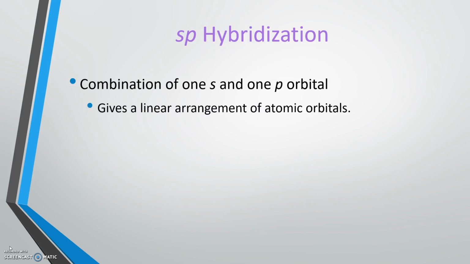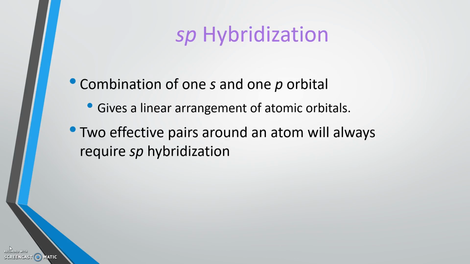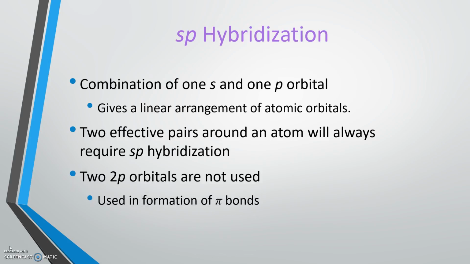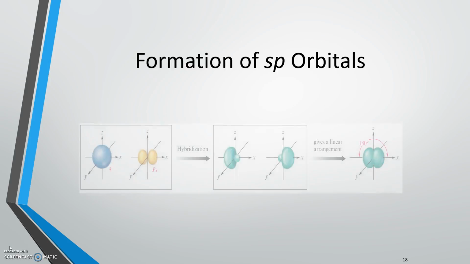This brings about the idea of sp hybridization, where we combine one s and one p orbital, which produces the needed linear arrangement of the atomic orbitals. Two effective electron regions around the atom will always require this type of hybridization. You will see in the next slide that 2 of the 2p orbitals are not used, and again they're going to be used to form pi bonds.